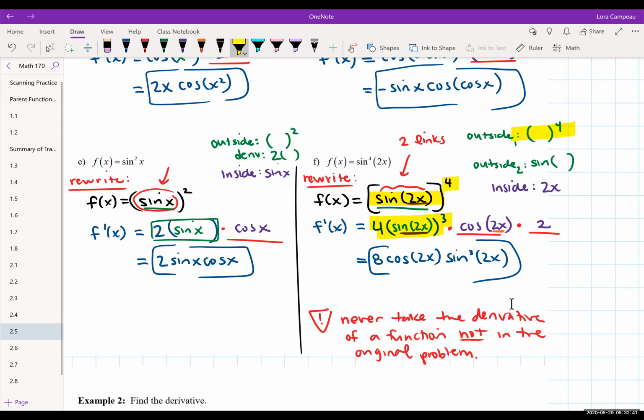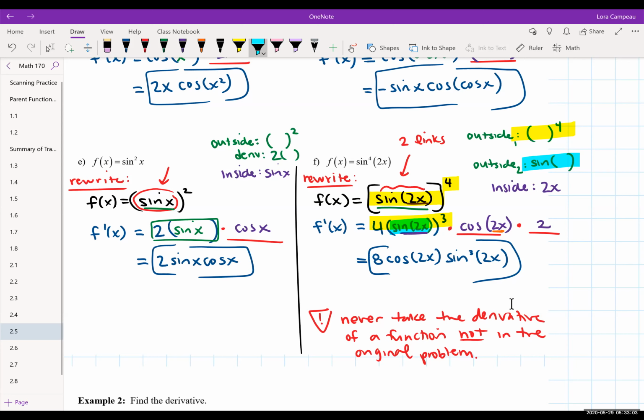Now we're looking at taking the derivative of the inside. If I'm looking at the derivative of the inside, see if I can do this in highlighting. The derivative of the inside is sine of 2x.